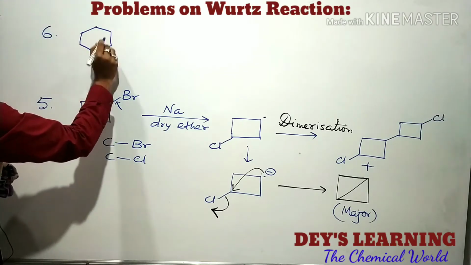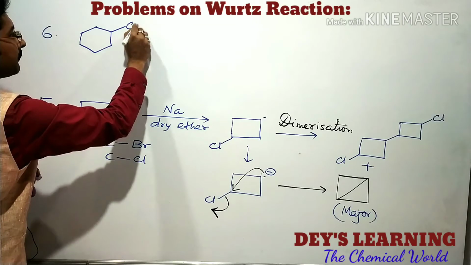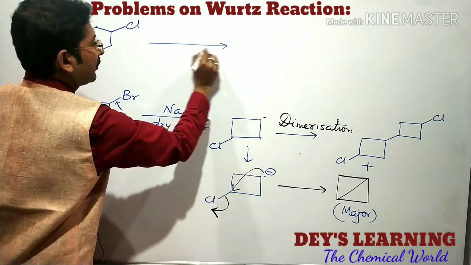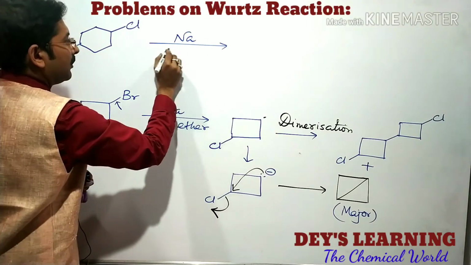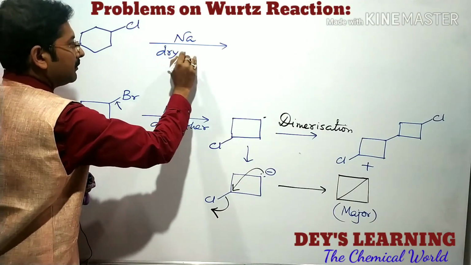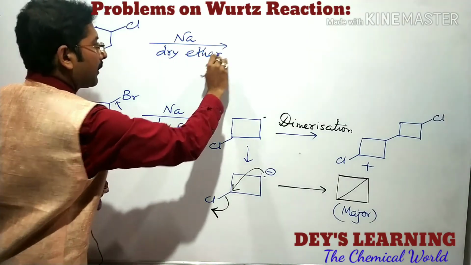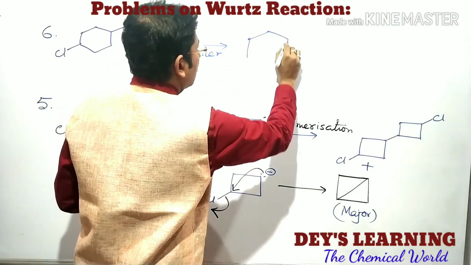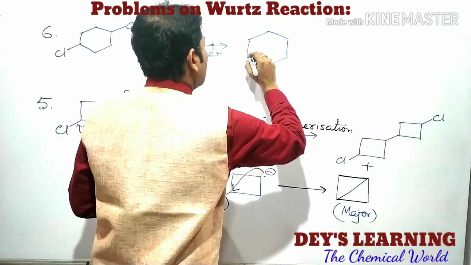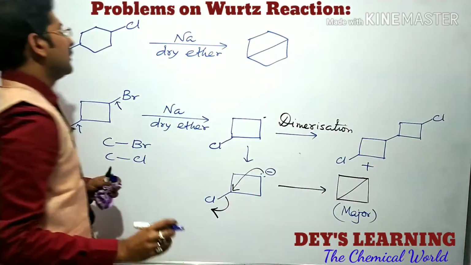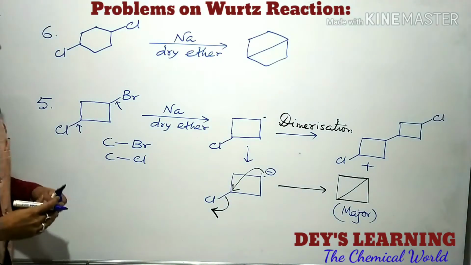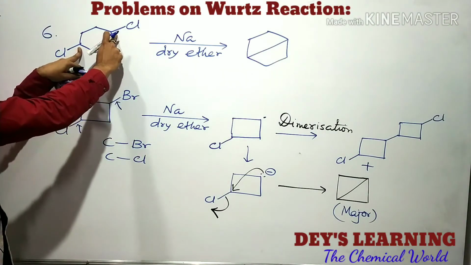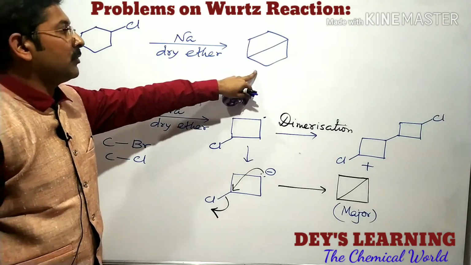If we have the substrate like this, of course on treating this molecule with sodium in dry ether medium, we will get this product definitely. No further explanation is needed. Two free radicals will be formed there, and on dimerization this will produce this molecule.